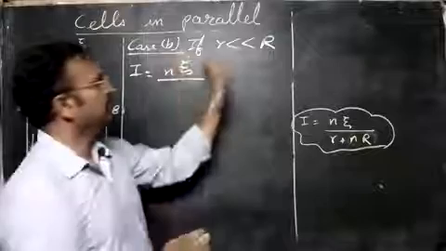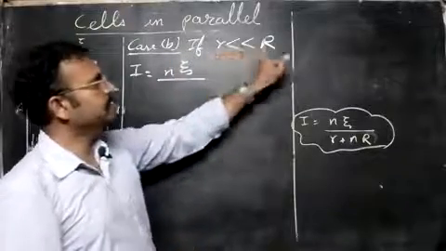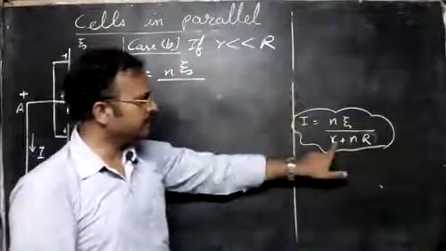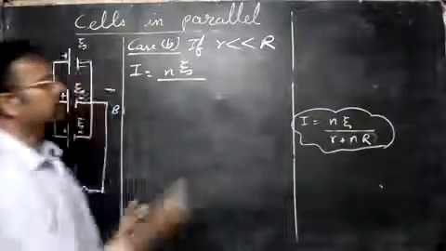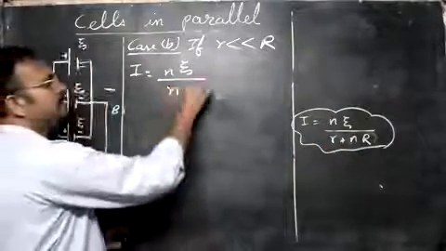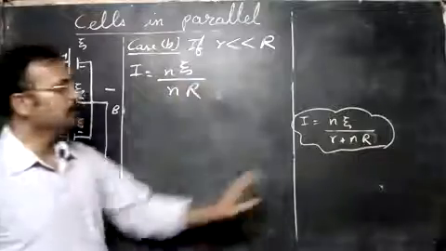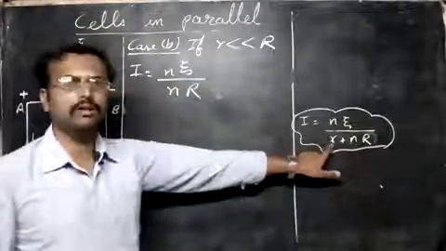Sorry, this is lesser, not greater. If the internal resistance is less than the external resistance, this term is small, so you can neglect small r. So what happens, you get here n times capital R. The internal resistance is small, so you neglect it.